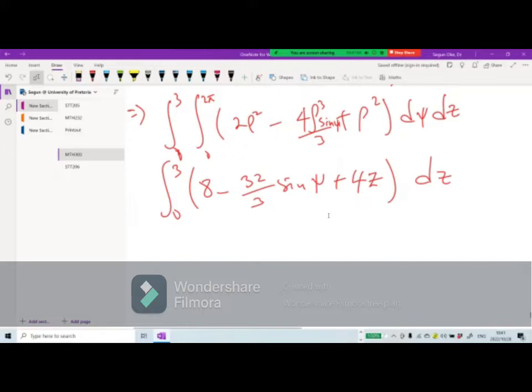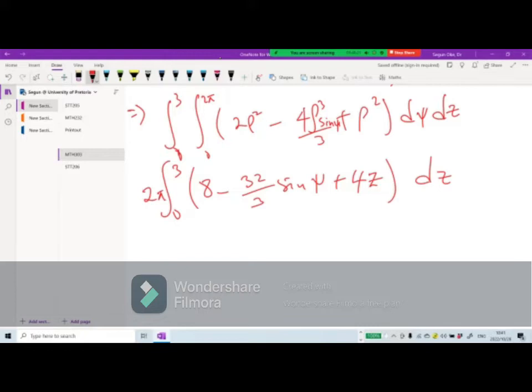Sir, are we going to input that 0 to 3 on the last one? Yes, we will integrate it and evaluate it. But before then, there's something common here, 2 pi. Remember, we are substituting 2 pi here. I've already done the substitution here.